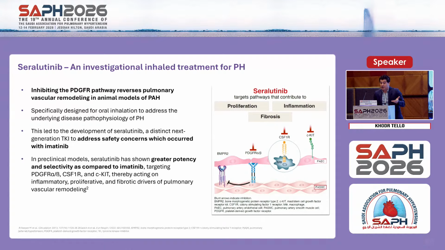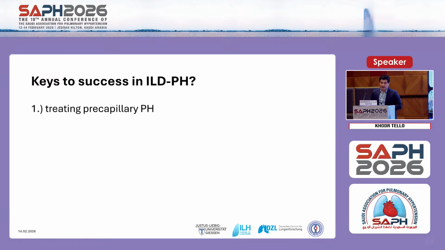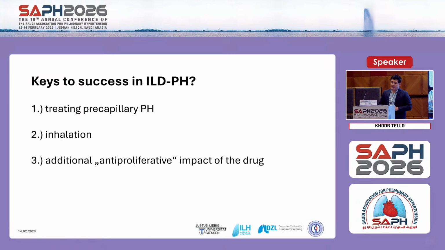And it has a greater potency and selectivity as compared to imatinib. So we block PDGFR alpha beta, CSF1R and c-KIT, and thereby are able not only to address proliferation, but also inflammation and fibrosis. And so with this inhalation, precapillary PH is fulfilled as two of the keys to success.